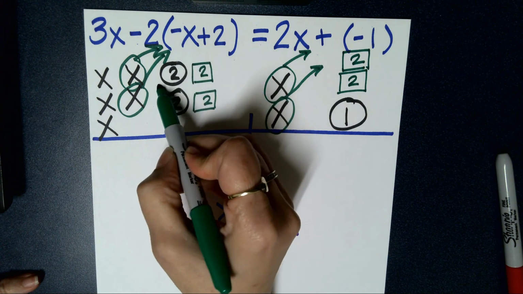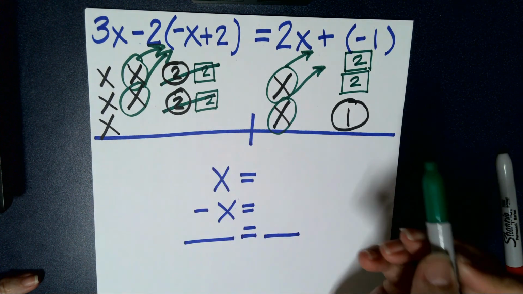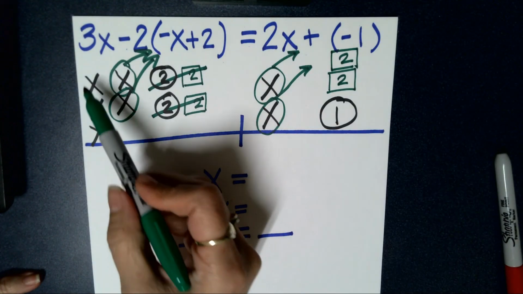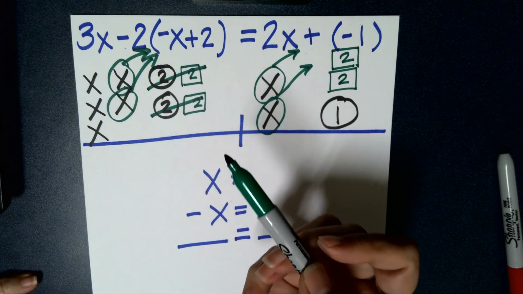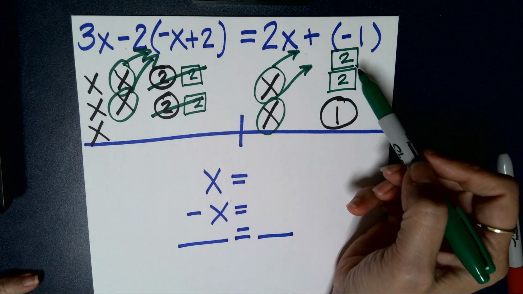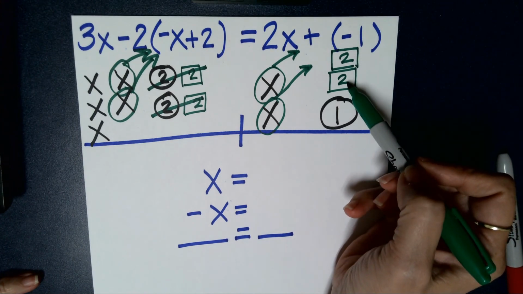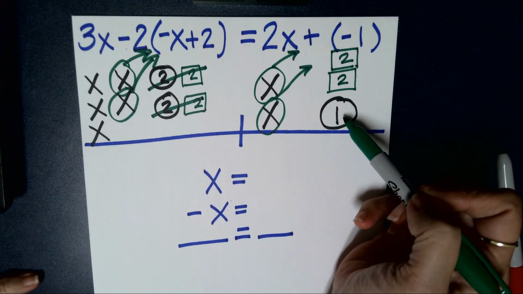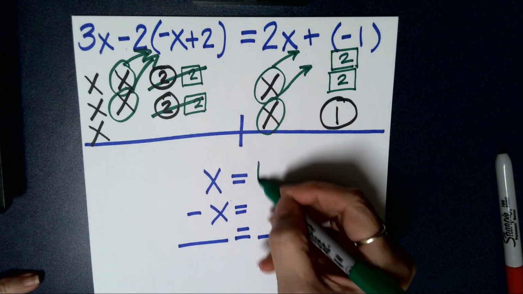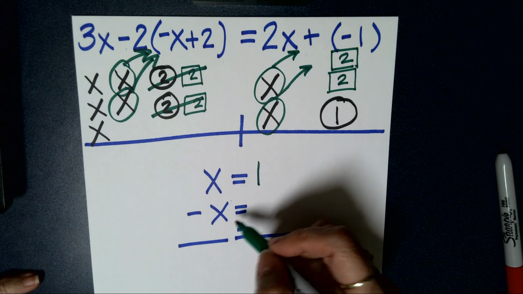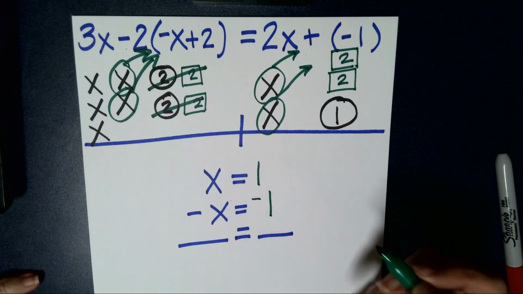So these canceled out, and we have 3 x's is equal to 2 plus 2 is 4, and 4 minus 1 is 3, and 3 x's is equal to 3, so 1x is equal to 1, making the opposite of x negative 1.